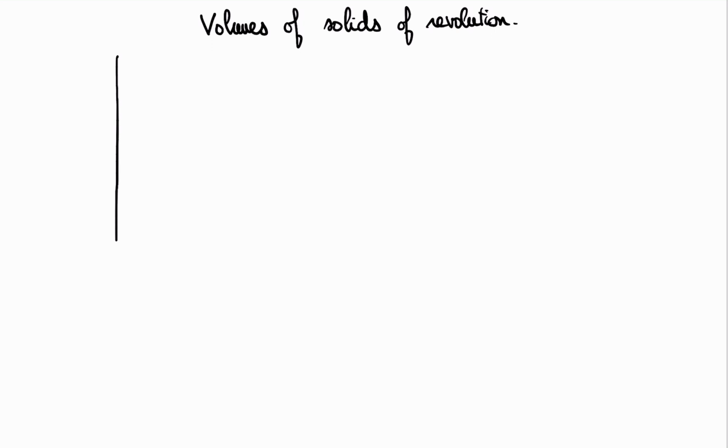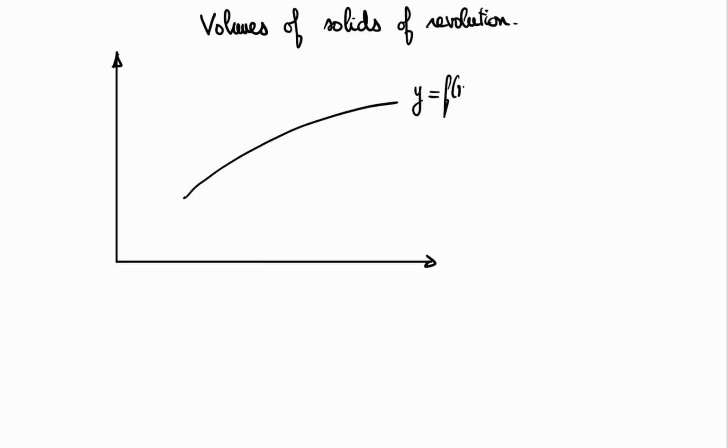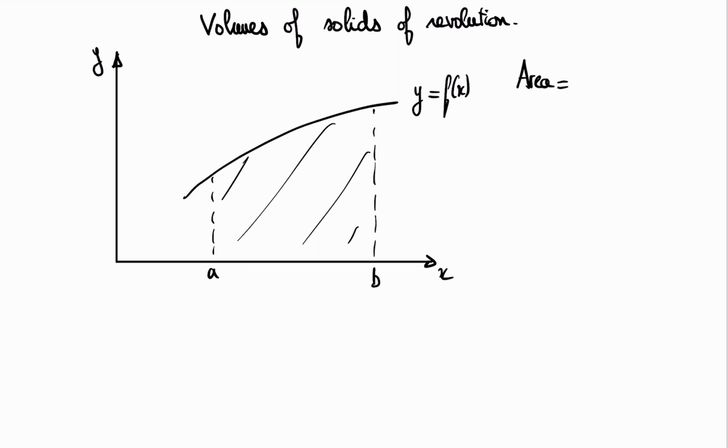In previous lessons, we've demonstrated that if we have a Cartesian plane like this, and then we have a curve, which is, say, y equals f of x, if we want to measure the area between the x-coordinates a and b, this area here, what we need to do is calculate the integral between a and b of f of x dx.